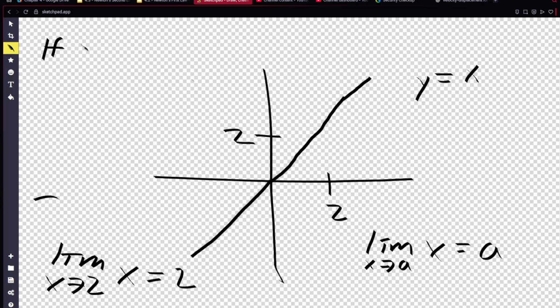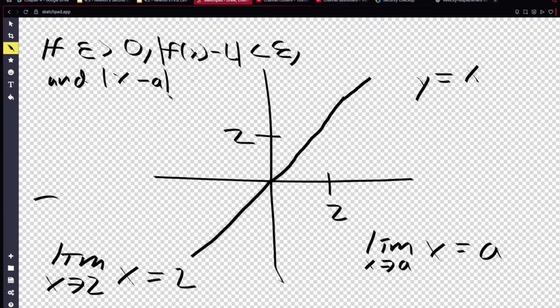if epsilon is greater than 0, the limit, which is denoted as L, plus or minus, a function's output from L has to be less than epsilon, which means that, I'll explain that later actually, and x minus a, which is the limit input, has to be greater.